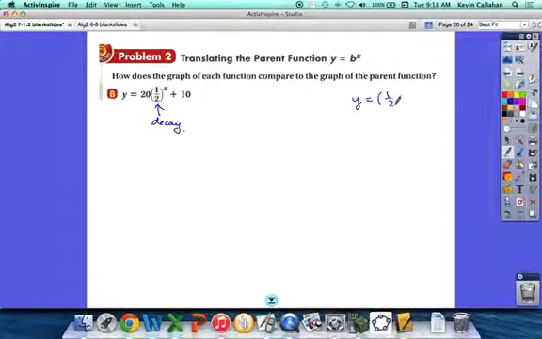Yeah, 1/2 to the x. So now our question is, how is this 20 and 10 changing the graph? What is multiplying it by 20 do to it? Stretch. Right. This is a vertical stretch.